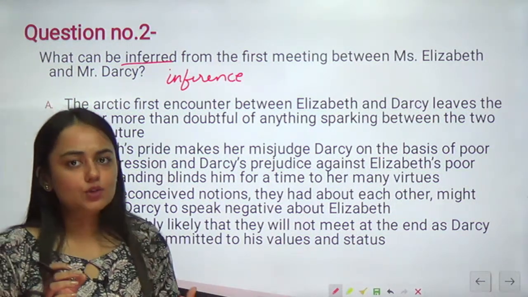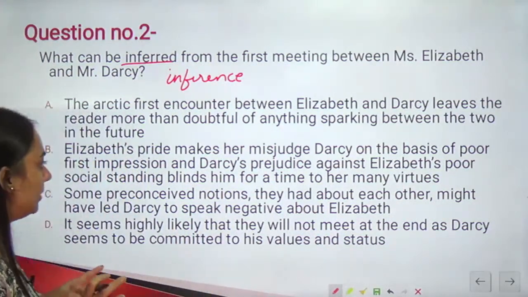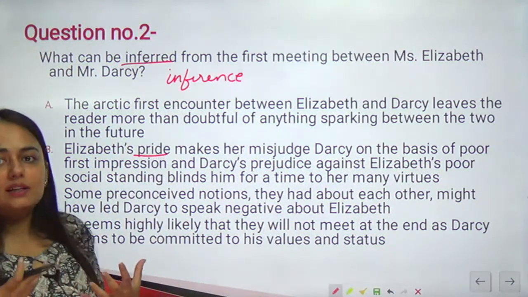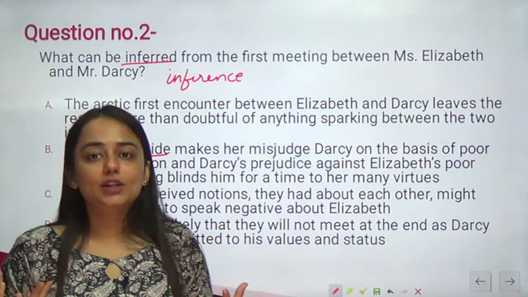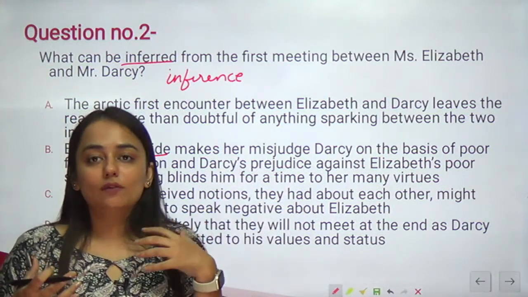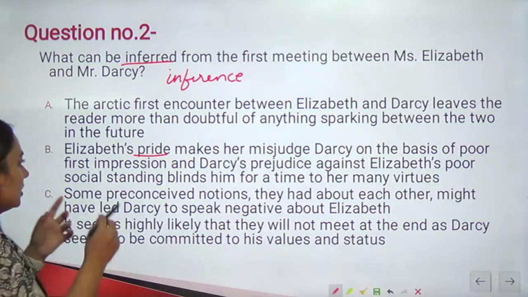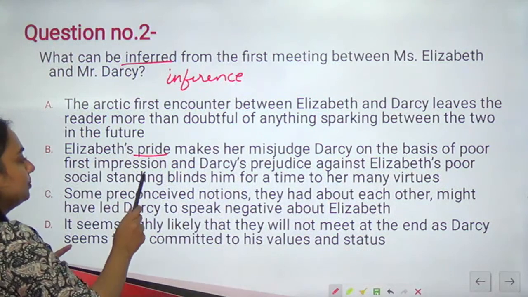A lot of us who are answering this question may fall for this option. But think about the first impression, Elizabeth's pride. What kind of pride did she show in the first impression? Whatever she judged on the basis of the quotation, or you can say whatever she heard from that person, Darcy. So Elizabeth's pride made her misjudge Darcy on the basis of a poor first impression.